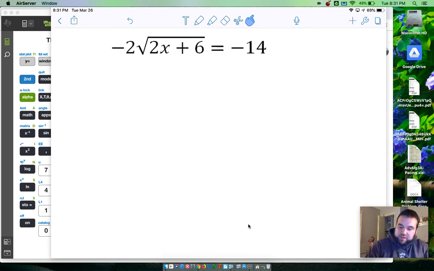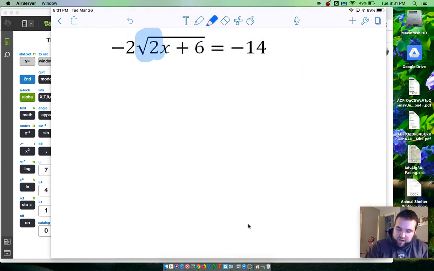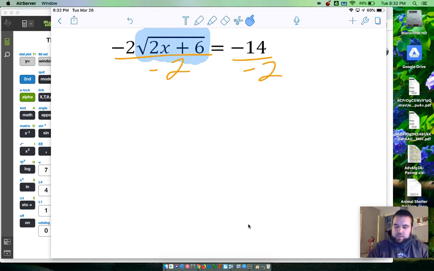So if I see something like this that has a radical in it, I need to first make sure this radical gets isolated. It should be by itself. So I need to get rid of the -2. Remember, there's no such thing as distributing a coefficient with a square root. So instead, I'm just going to divide by -2 on both sides. If I do that, I then have the square root of 2x plus 6 equals positive 7.